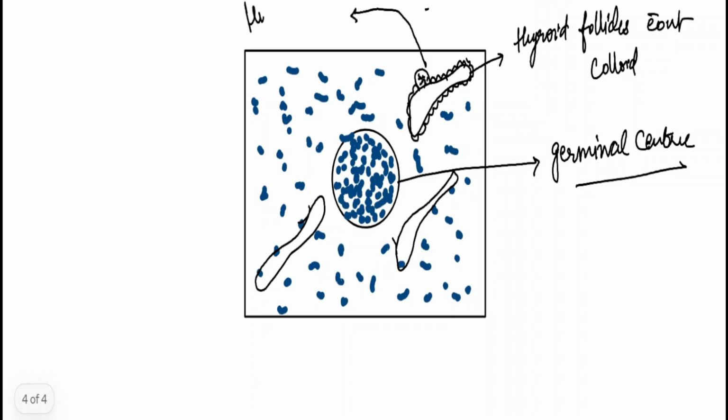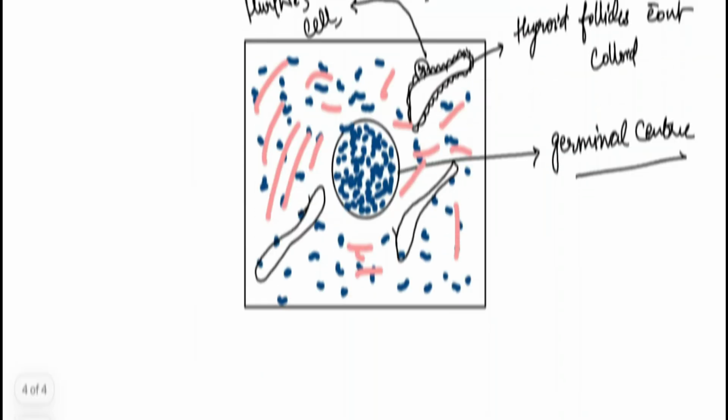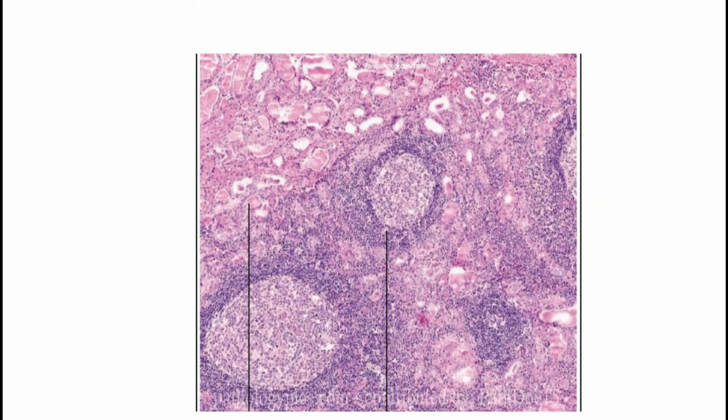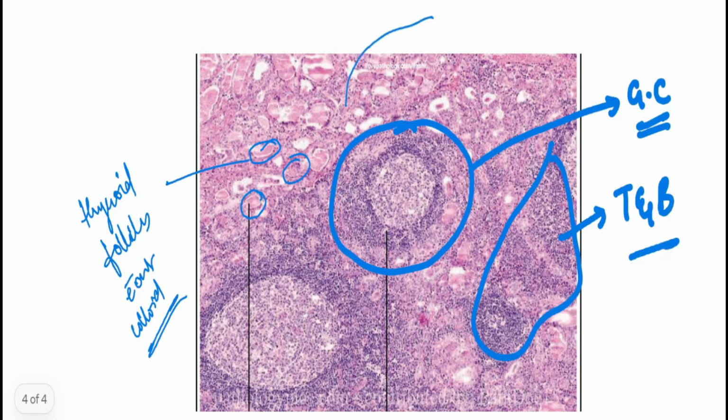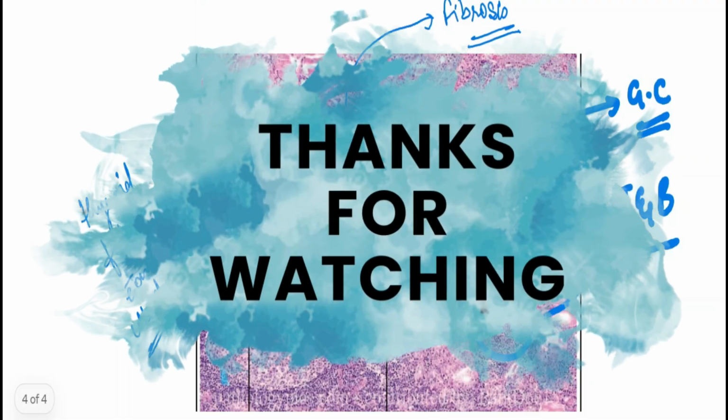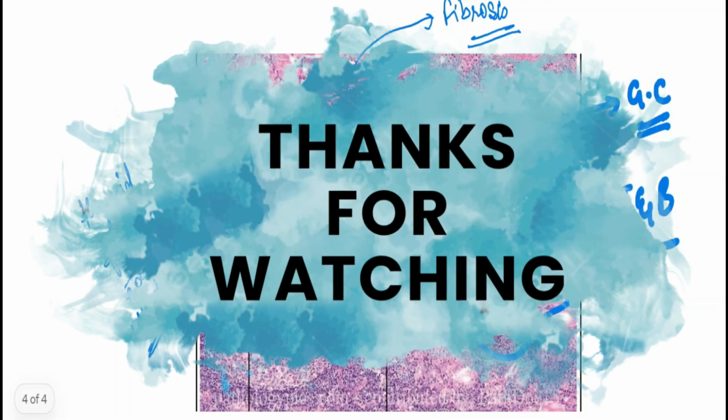These cells are known as Hürthle cells or oxyphil cells. And at last, what we see is fibrosis of the thyroid gland. So, in this histological image, we see germinal center, T and B cell infiltration, distorted thyroid follicle cells without colloid, and then fibrosed tissue because of scarring. And this is the histopathological image of the thyroid gland in case of thyroiditis.